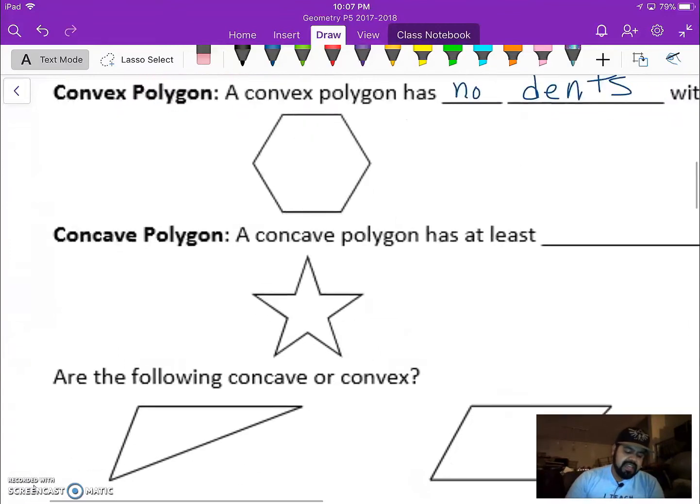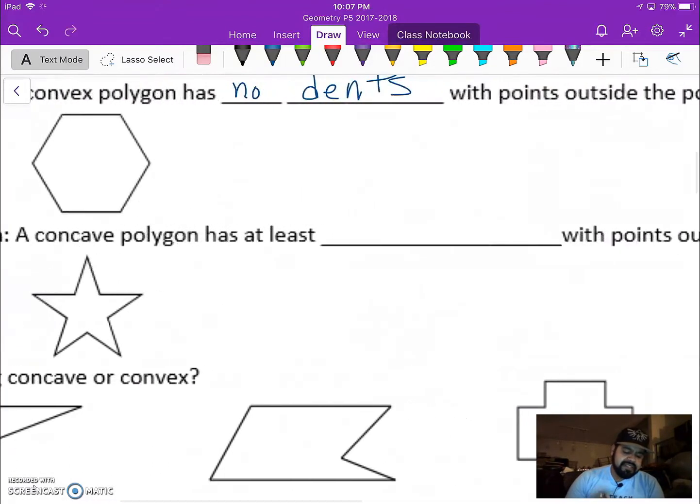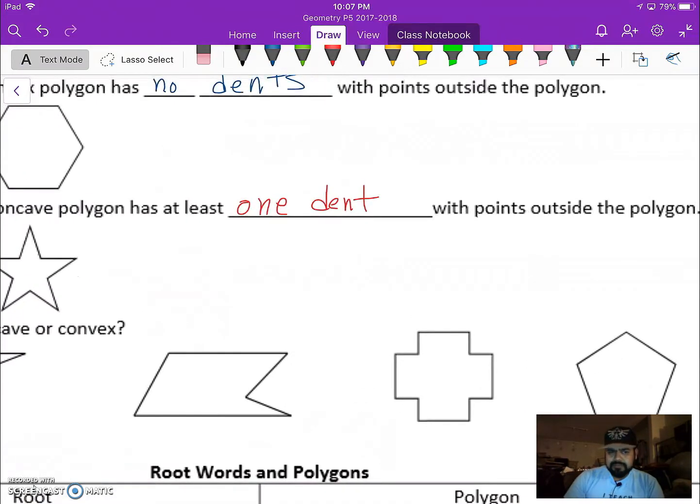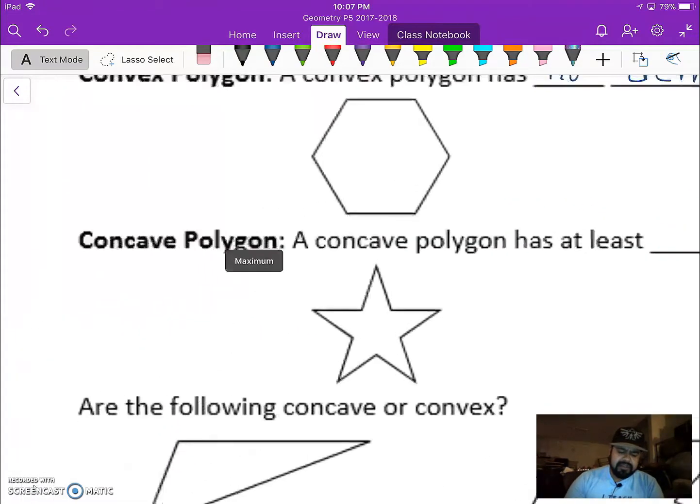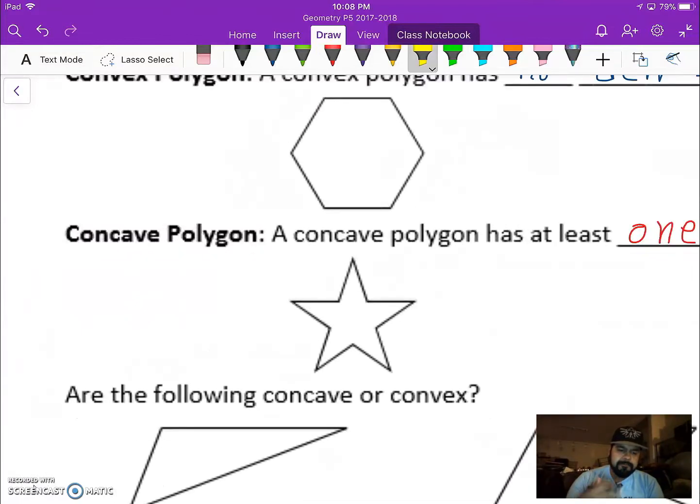Now a concave polygon has at least 1 dent with points outside of your polygon. The mnemonic that I like to use to remember is that a concave polygon has a little cave where a bear likes to sleep. So right here, there's a cave for the bear to sleep in.